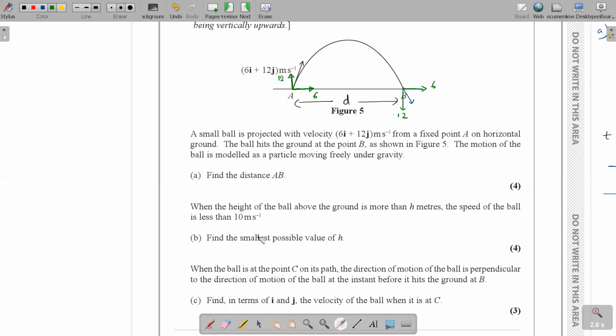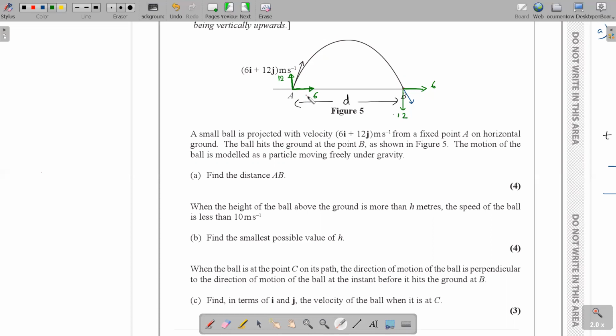Similarly, they say that on this path there is a point where the speed of the ball is less than 10. When the ball is moving up, the speed is obviously decreasing. There is one more special thing about a projectile that you need to remember: the horizontal component remains the same throughout the entire motion.